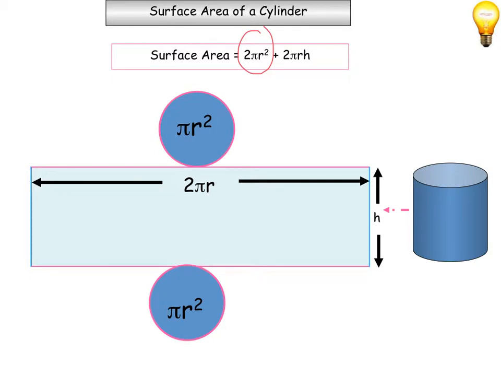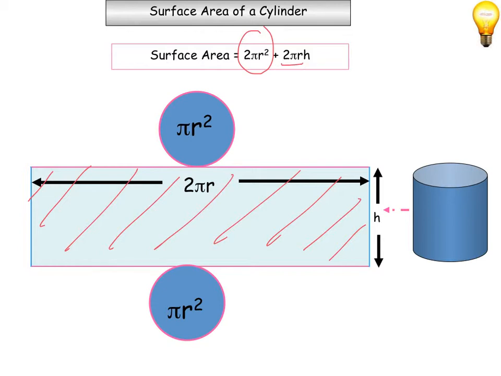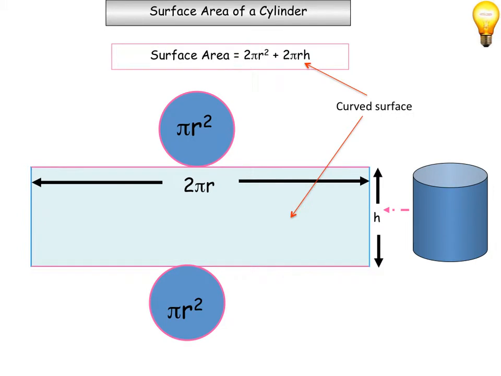And the rectangle has area length, 2 pi r, times breadth, h, so 2 pi r h. So the curved surface, if you just want to work out the curved surface, is 2 pi r h. And if you wanted to work out the whole thing, it will be 2 pi r squared plus 2 pi r h.